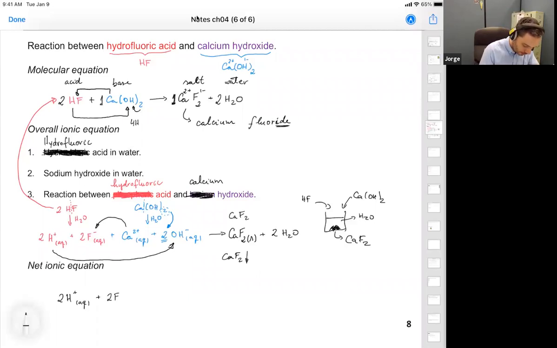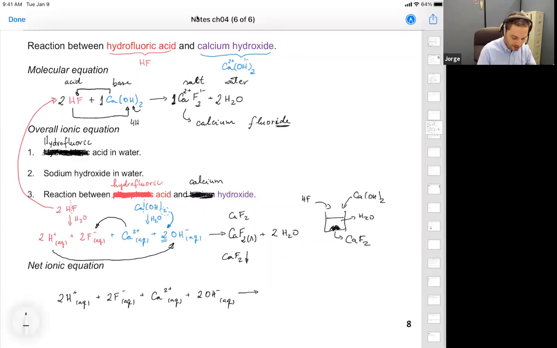So therefore, it will show up in the net ionic equation. Calcium 2 plus by itself does not show up on both sides of the equation. Therefore, we cannot cancel. And OH minus also does not show up on both sides of the equation, cannot be canceled out.